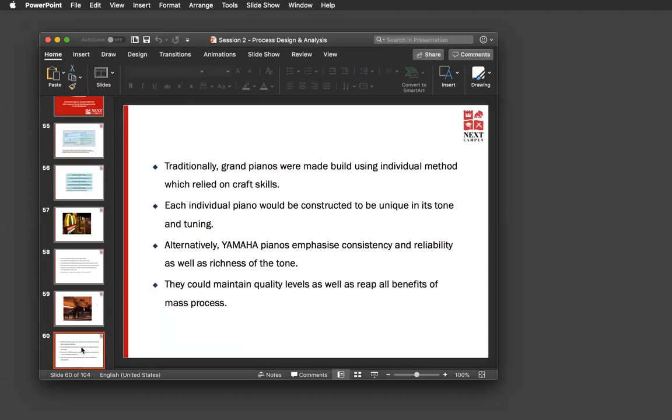Initially, the consistency was in the design of the piano. But what Yamaha did was automate the design, but made consistency of the tone the selling point.